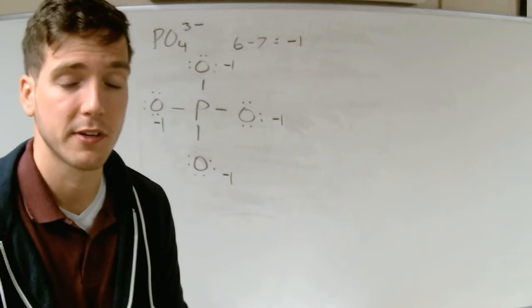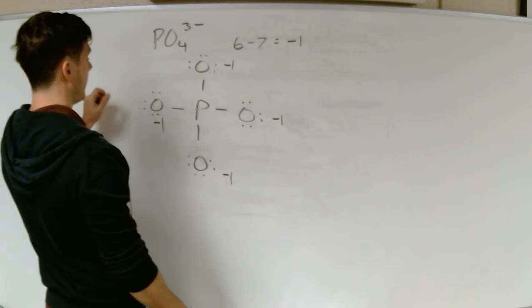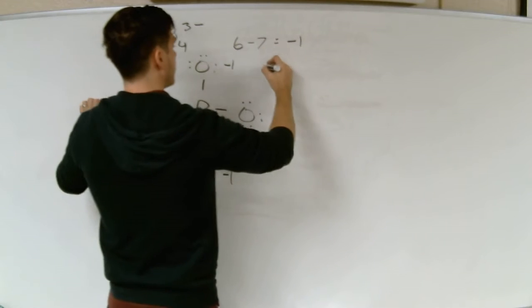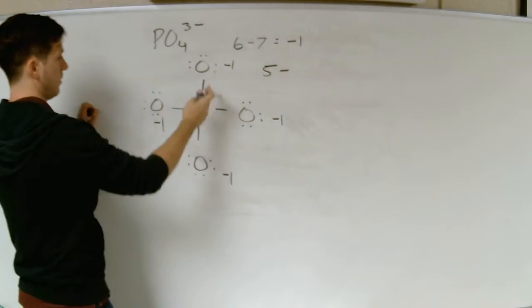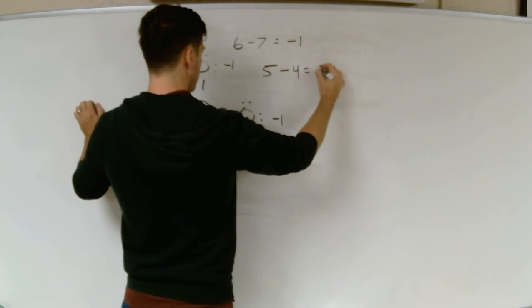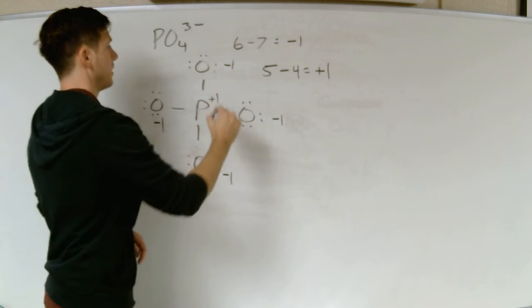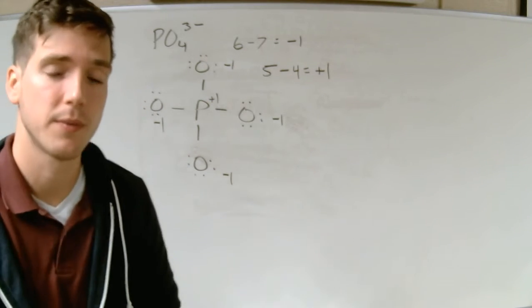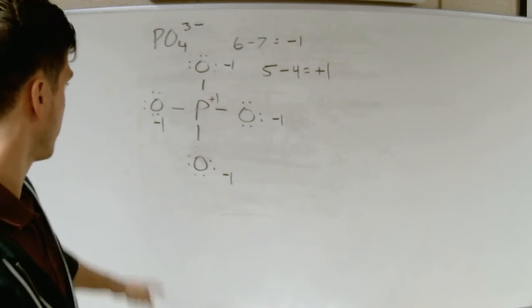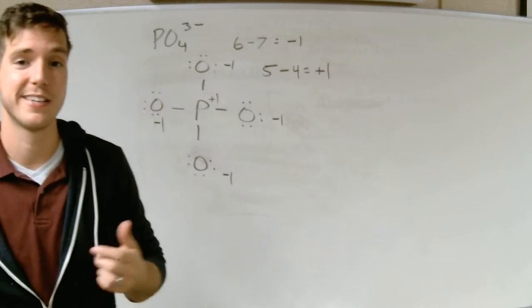But before we do anything, let's check out phosphorus. Phosphorus likes to have 5 valence electrons and is surrounded by 4, so it has a +1 charge. Hey, guess what? That matches up with our overall charge: -1, -1, -1, -1 is -4, plus 1 is -3.